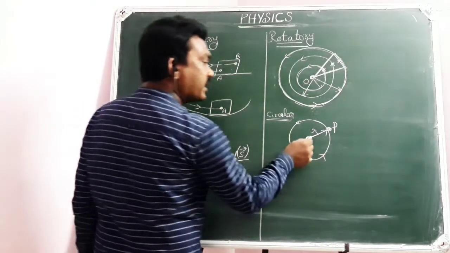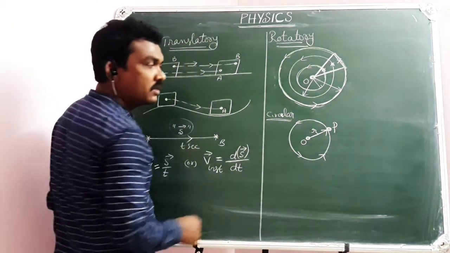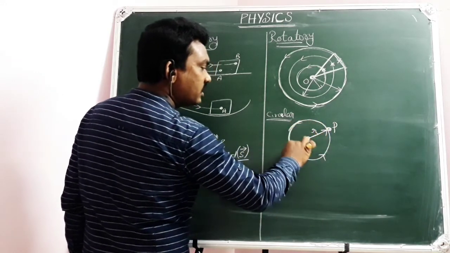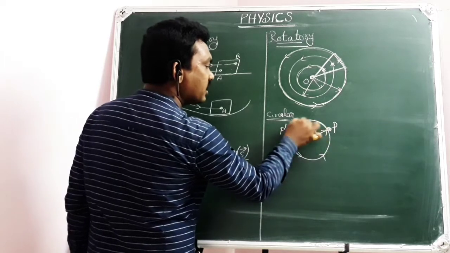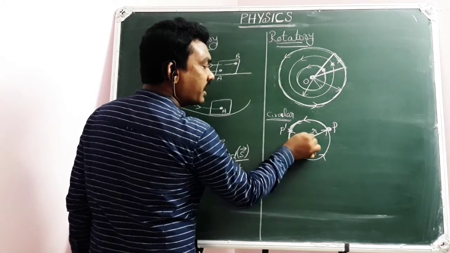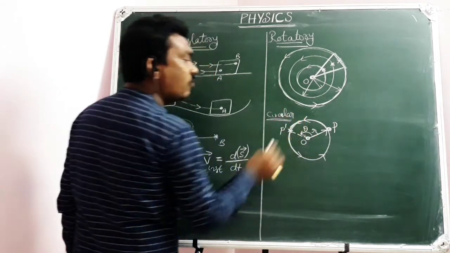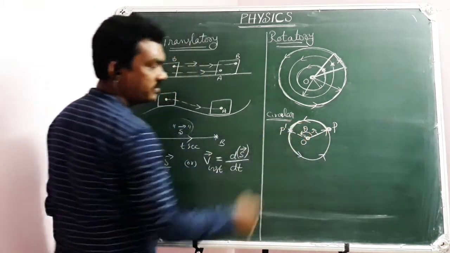But here, whenever a particle is moving along a curved track around a fixed point, if your particle has gone through some distance and has moved from one position to another position, then the change in position of the particle will be expressed in terms of angle. Through what angle your particle has been turned.